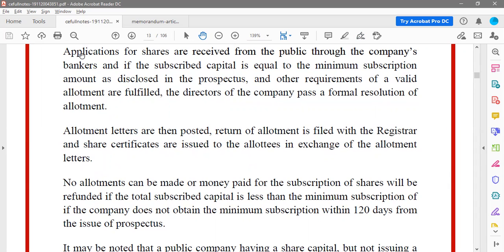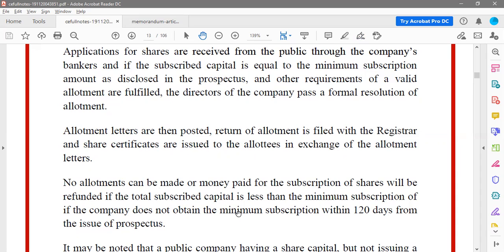And then after application, the company is going to allot the shares for the applications they have got. Once they allot the shares, they will also get some money for the allotment. And one more rule of the allotment is they have to make allotment within 120 days from the issue of prospectus.